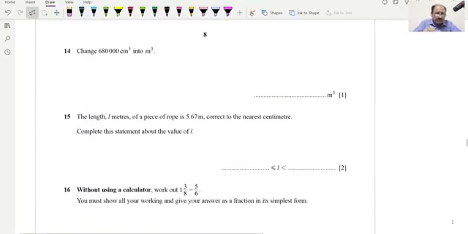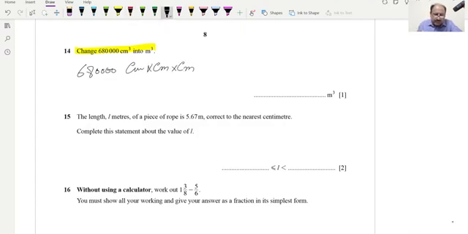Question number 14 says change this 68,1234 zeros centimeter cube into meter cube. So we can write 6, 8, 1, 2, 3, 4 zeros. This is centimeter cube. So we can write as centimeter, centimeter, and centimeter.